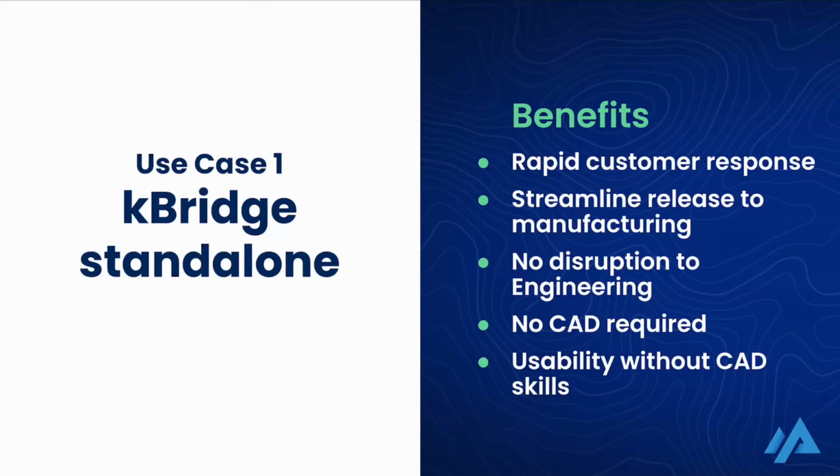Because kBridge is a cloud-based platform, I can use any device with internet access and go through the process of visual configuration, as we've shown in the past, and get real-time drawings. I don't have to worry about CAD. That's one of the biggest things. And that equates to the slowness of CAD automation. It also speaks to the usability of CAD.